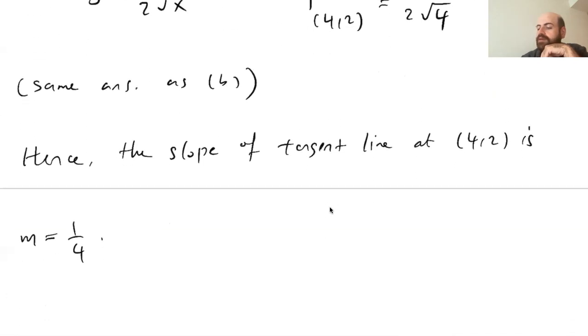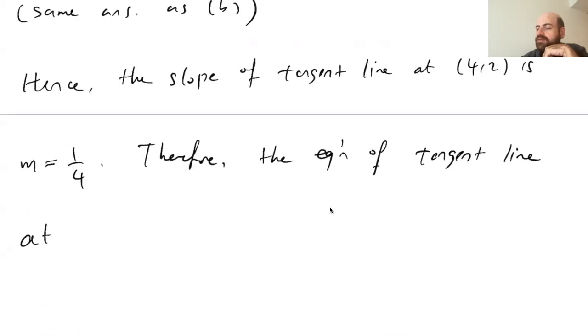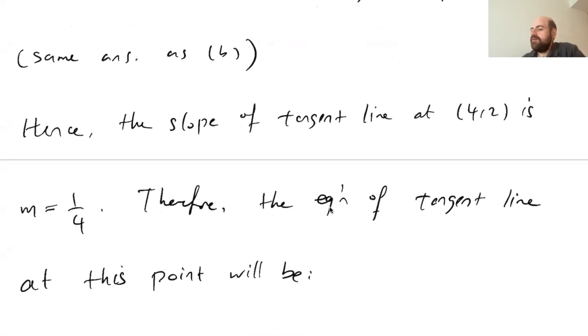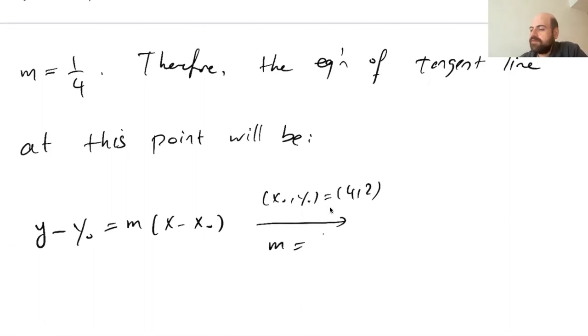And therefore, the equation of the tangent line at this point will be y minus y naught equals m times x minus x naught, where x naught, y naught here is (4, 2), and m is 1/4.